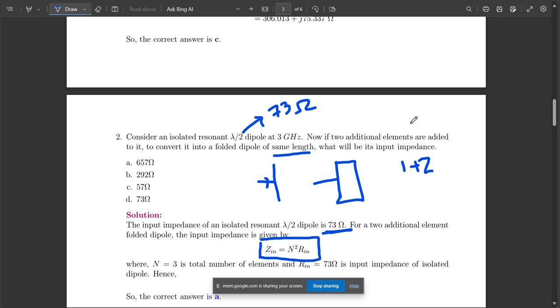So the total number of elements becomes 3. So here N is equal to 3. R in you already know. Now you have to find Z in. Please tell me how much Z in will be.